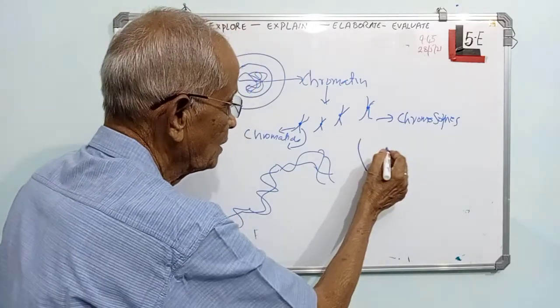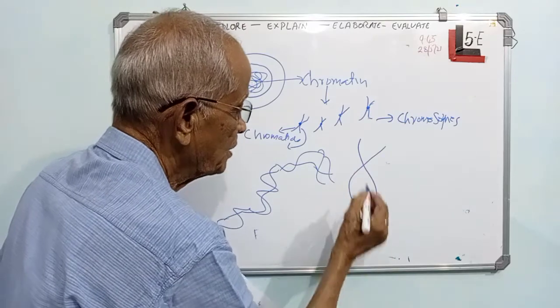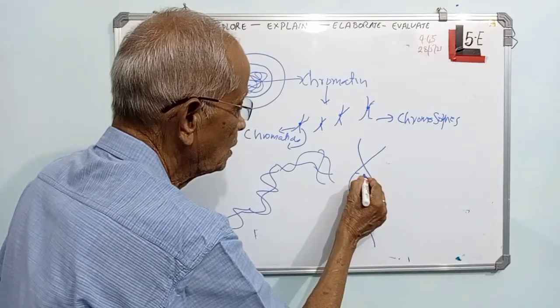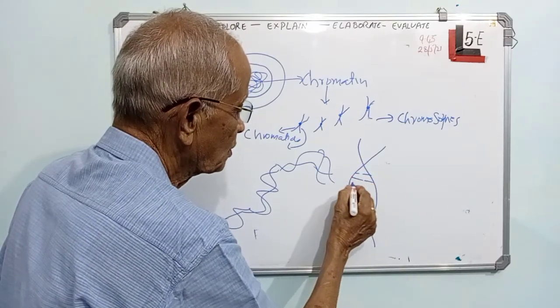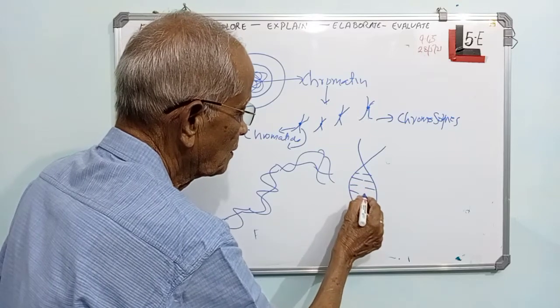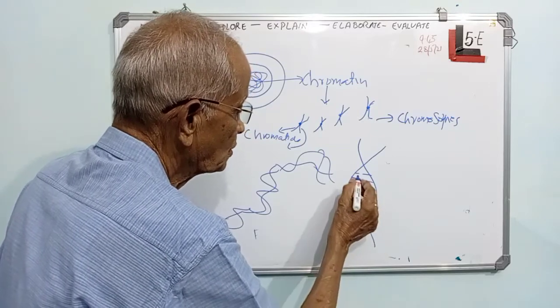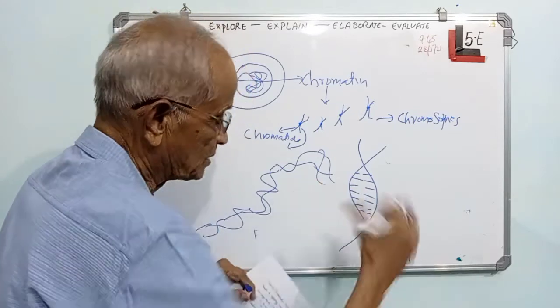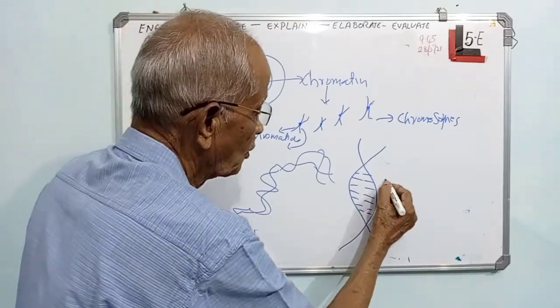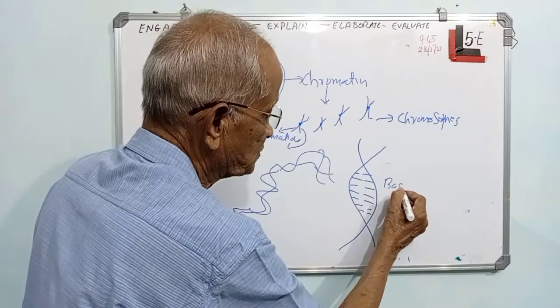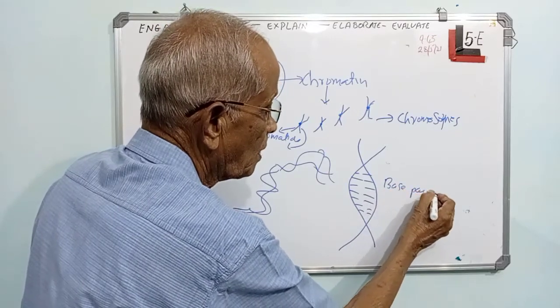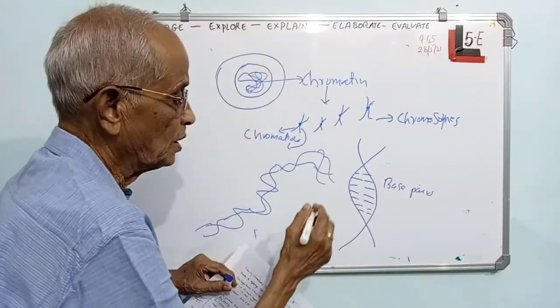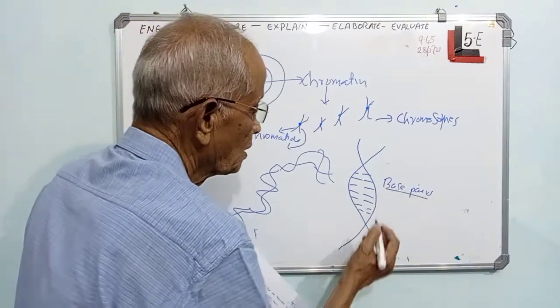If I write like that, they will show 1, 2, 3, 4 like that, 1, 2, 3, 4, 5, 6, 7, 8 pairs per turn of what they call base pairs. So DNA contains base pairs.